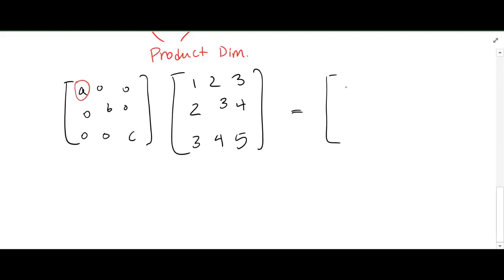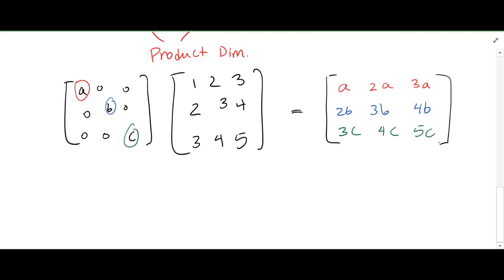So you would get A, and then 2A, and then 3A. And the second row will be multiplied by this entry, so 2B, 3B, 4B. And then the third row will be multiplied by that entry: 3C, 4C, 5C. So some nice things about matrix multiplication.